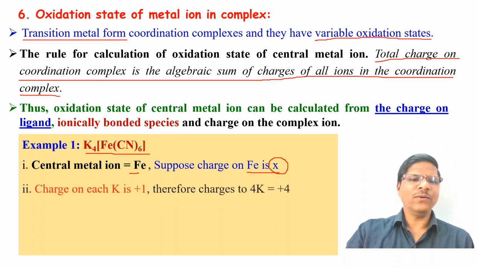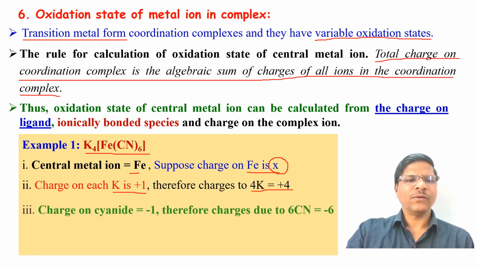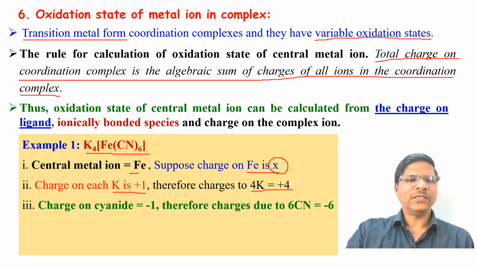There are 4 potassium, and potassium has a fixed oxidation state of +1, so 4 into +1: the total charge due to 4 potassium is +4. The charge on cyanide is -1, and there are 6 cyanide, so 6 into -1 gives -6 charges due to the cyanide.